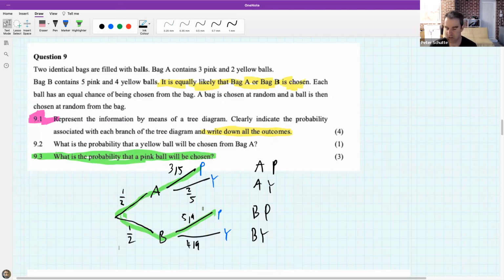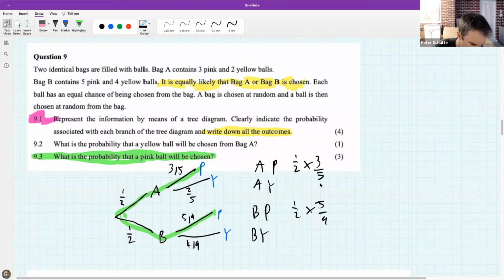So there's 2 branches that satisfy that, but now you have to work out the probabilities for me. So this one's probability is going to be a half times 3 over 5. And this one's probability is going to be a half times 5 over 9. But we have to add them together. And so what are we going to get in total?